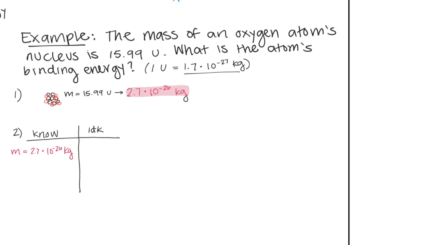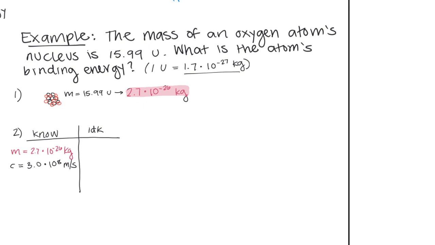Another thing that we do know is the speed of light. If you recall, the speed of light is always going to be the same number. That lowercase c is going to be 3.0 times 10 to the 8th meters per second. We always know what that number is going to be.